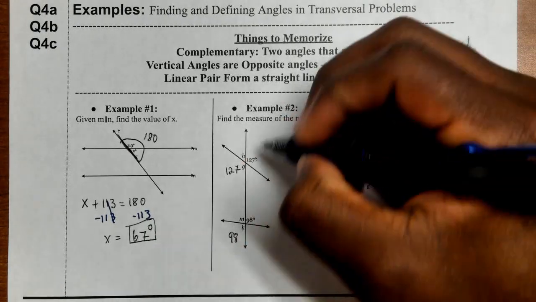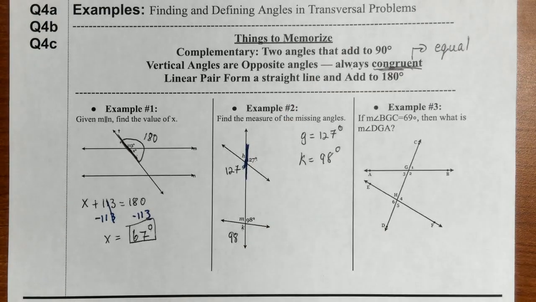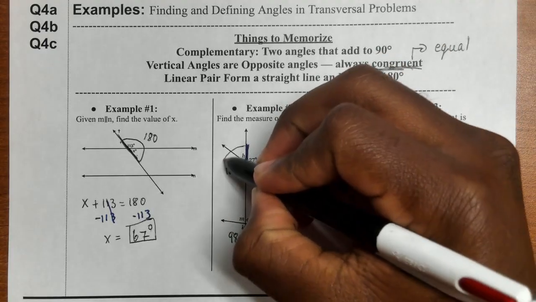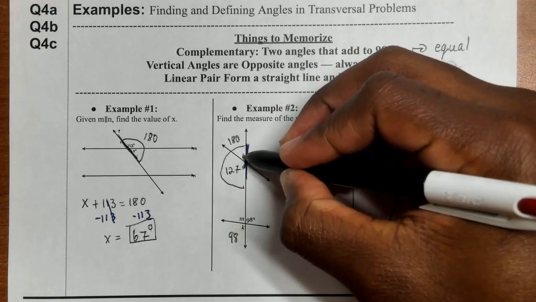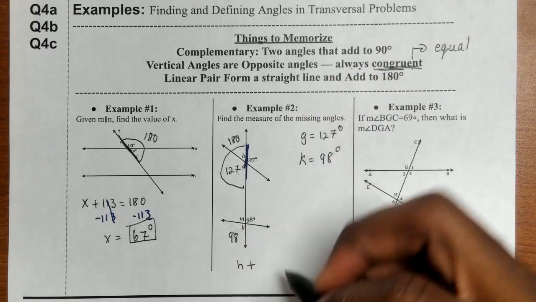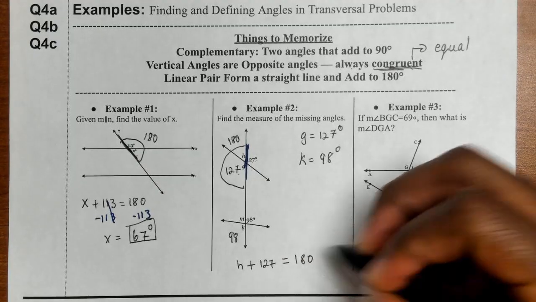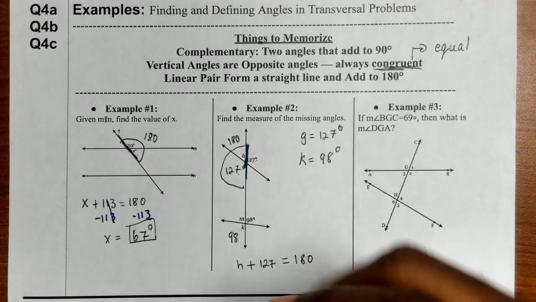What else do we know? Right here we see a straight line. G and H make a straight line, and we know that a straight line adds up to 180. So this angle H plus this angle 127 should be equal to 180. To find H, all I need to do is subtract 127.